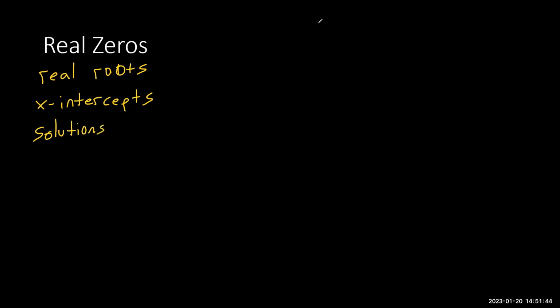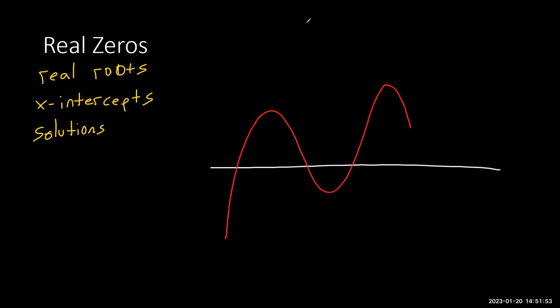What they mean is, if I have an x-axis, I really don't even need a y-axis. Real roots, zeros, solutions, whatever, are where it touches the x-axis. I made sure I drew one that was a little weird. We'll talk about those. But real roots are wherever it touches the x-axis.